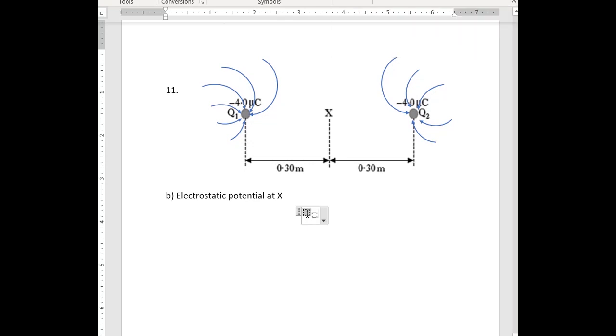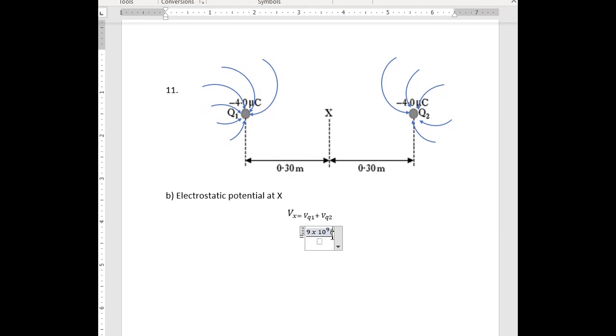So we have Vx equals to V of Q1 plus V of Q2, using the formula KQ over R. We have K as 9 times 10 to the power of 9.